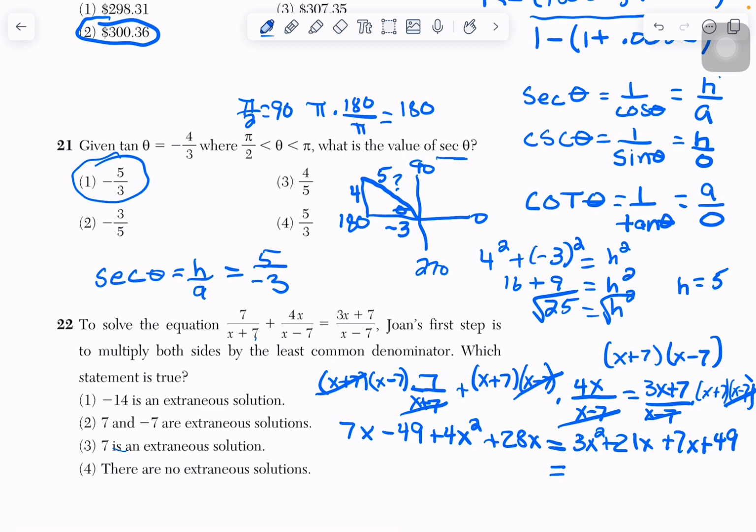So this becomes 7x and 28x become, so I have 4x squared on the left side. 7x plus 28x is 35x minus 49. On this side, I could put the two middle ones together.